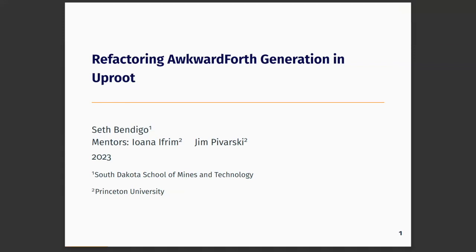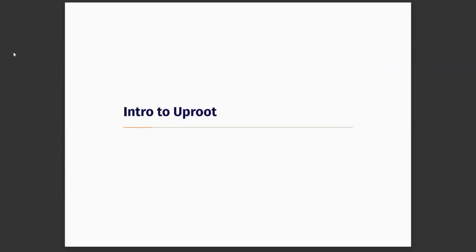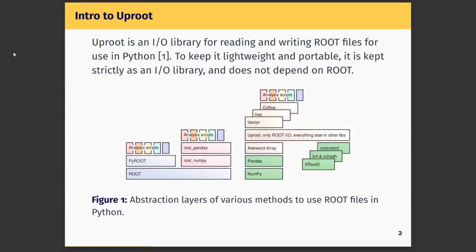All right. Thank you. Hi, everyone. I'm Seth Bendigo, and today I'm going to be discussing refactoring AwkwardForth generation in Uproot. To start off, I wanted to do a quick intro into what Uproot is. Uproot is an input-output library for reading and writing ROOT files for use in Python.